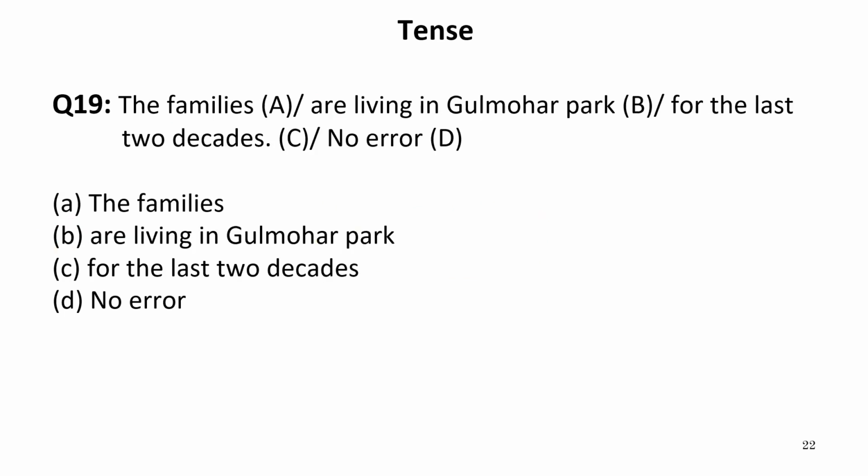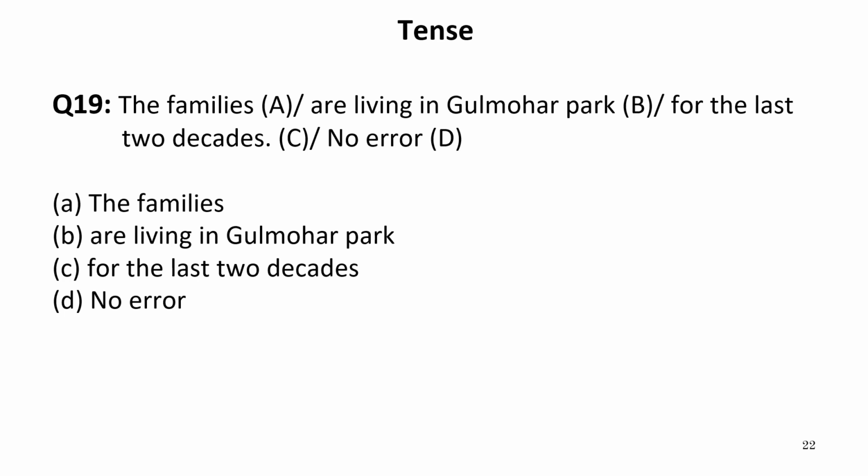The families are living in Gulmohar Park for the last 2 decades. As I have told you, if some action is going on from a particular time in the past and is still going on, and the time is given to us, it should be formed in present perfect continuous tense.